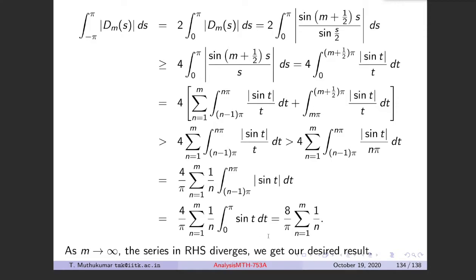And this is precisely 8 over pi times the summation of 1 over n. Now as m goes to infinity, what you have here is a harmonic series, which diverges. So as m goes to infinity, this side diverges, and this side is a smaller quantity than the other side, so the other side also diverges. And this is what we wanted to prove, that in the limit this diverges.